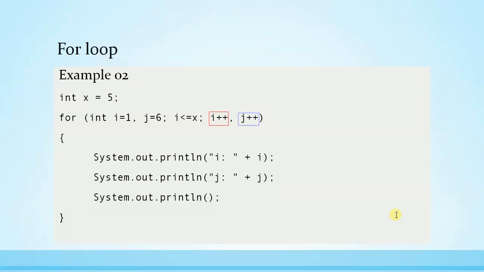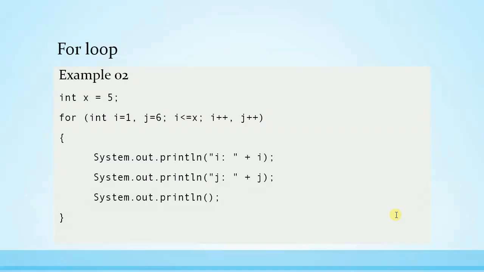Even though we use only the loop iterator variable I in the condition, j we are using in the initializer as well as the iterator, and we are using that in the body. Usually this happens in some programming logic where even though a variable is not in the condition part, it will be used to perform some computation inside the body.